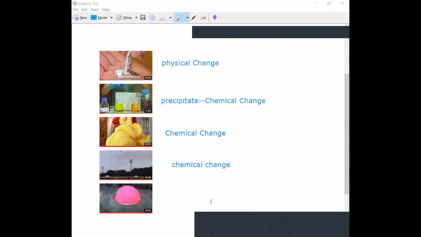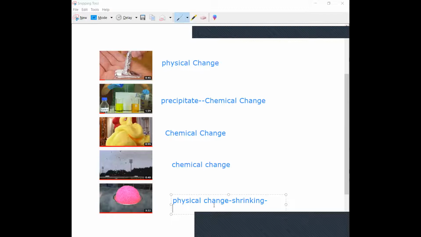And the last one, this Kush ball. At first it seemed like this should be a physical change because it was shrinking, right? The only thing though I noticed is that when it started in the liquid nitrogen, it made some of the Kush ball pieces fall off.